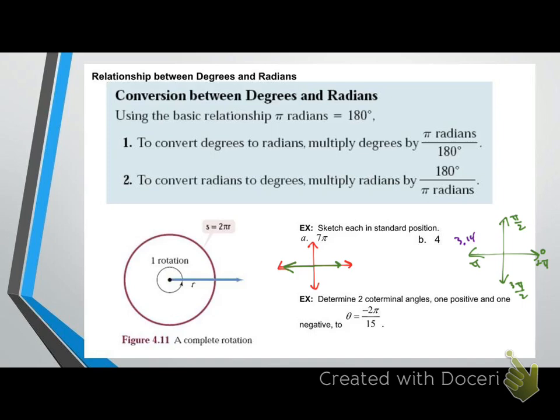Half of pi, if you were to divide that out, will give you 1.57 roughly. 3 times pi divided by 2 would give you about 4.71. And then 2 pi would basically give you 6.28.